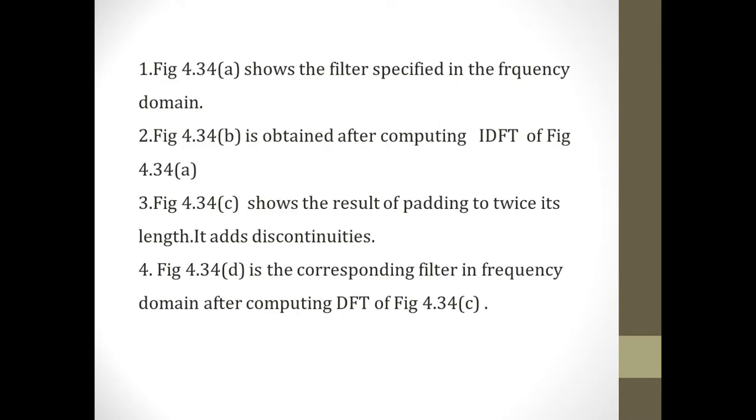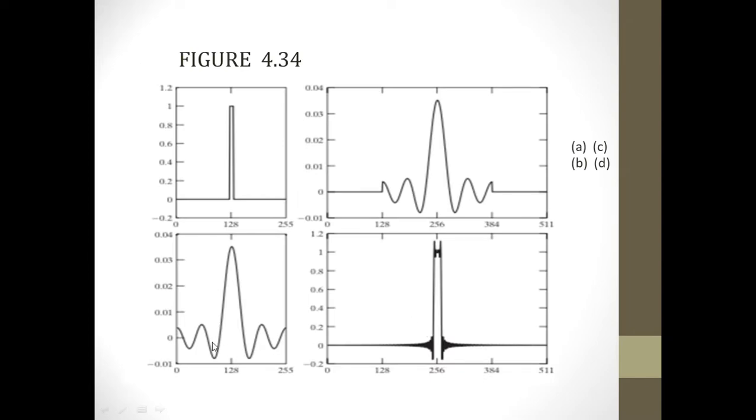Here we can observe that these spatial domain factors extend up to infinity. So, to reduce the number of factors, we do padding. But after doing padding, it resulted in two discontinuities. These are the two discontinuities.